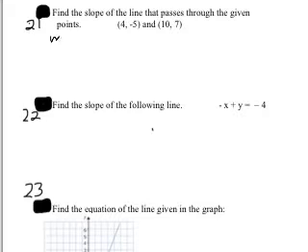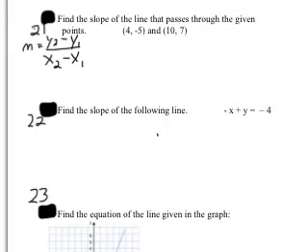We've got our slope formula. So we just plug in our values. But before we do that, okay, so we're going to plug our x and y coordinates into this equation for slope.